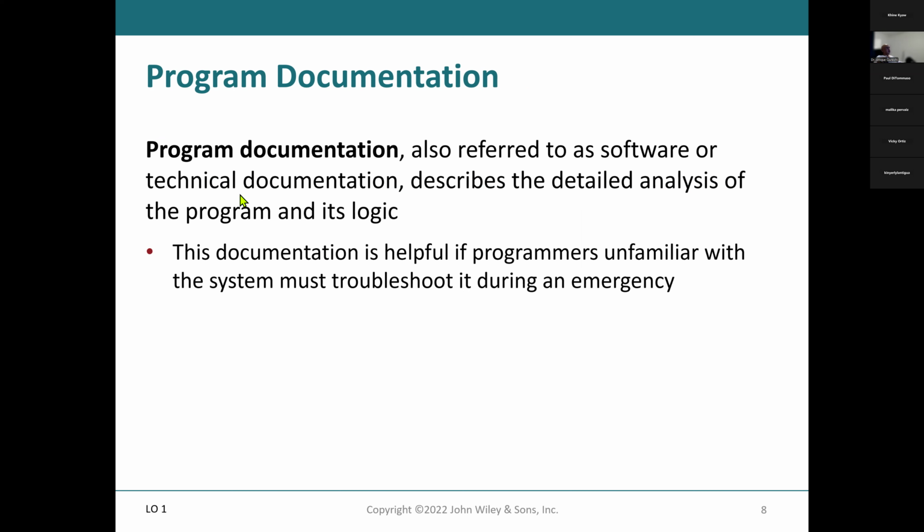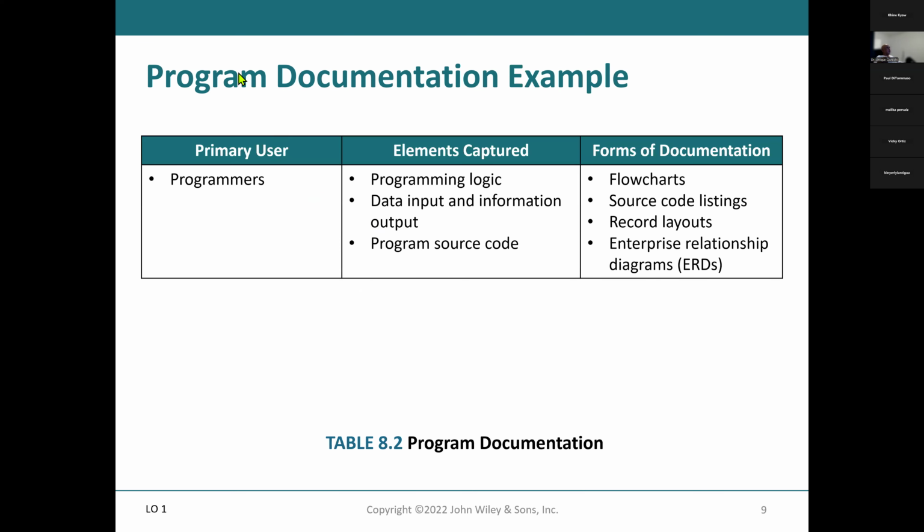It's referred to as software or technical documentation, and describes the detailed analysis of the program and its logic. This is helpful if the programmer is unfamiliar with the system and must troubleshoot it or figure things out in an emergency. Program documentation is a little bit more technical in scope, and its primary user is programmers. So a computer programmer is likely to use this.